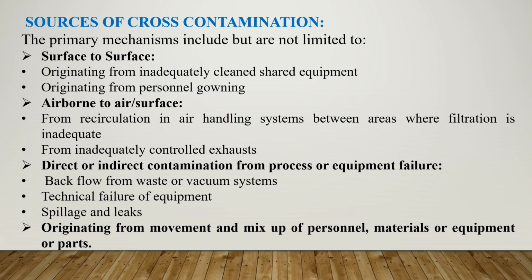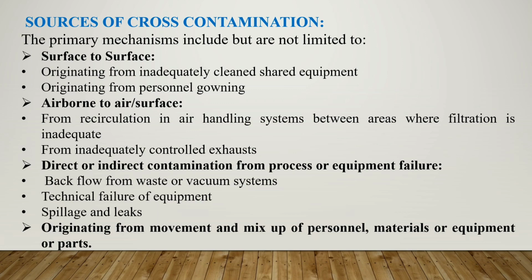The next is direct or indirect contamination from process or equipment failure, like backflow from waste or vacuum systems, technical failure of equipment, and spillage and leaks. The last one is contamination originating from movement and mix-up of personnel, materials, equipment or parts.